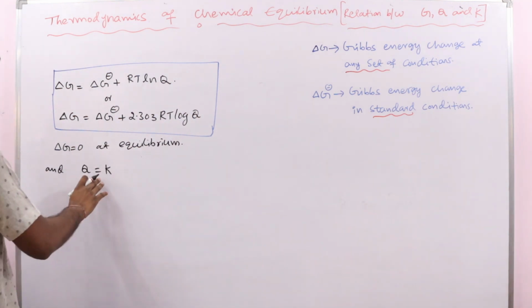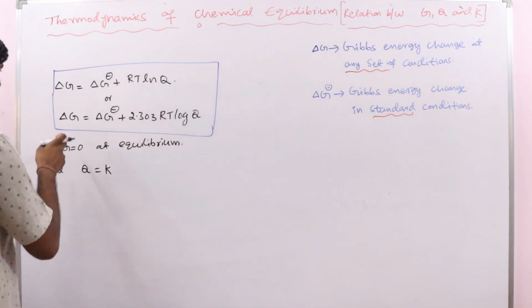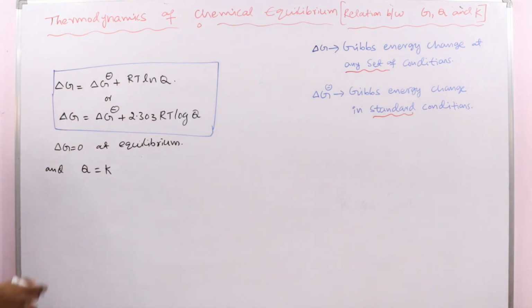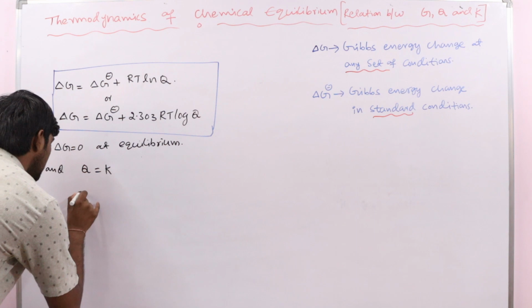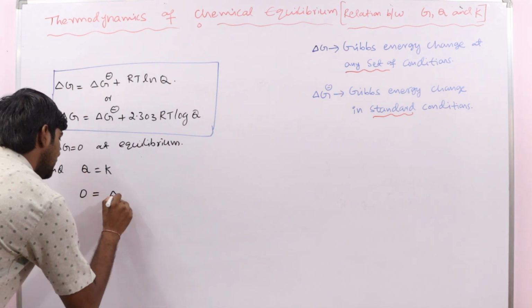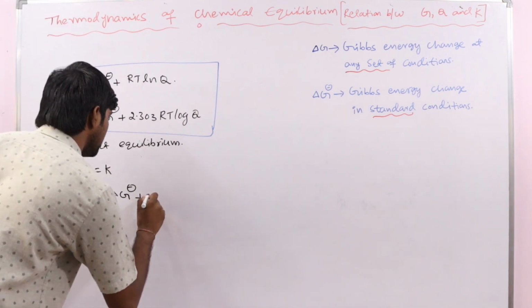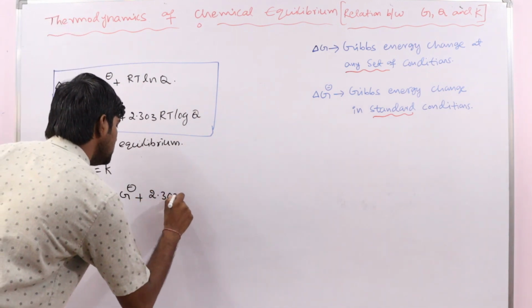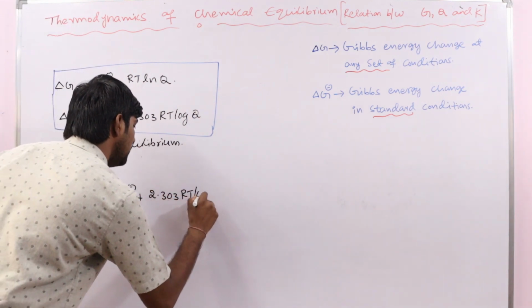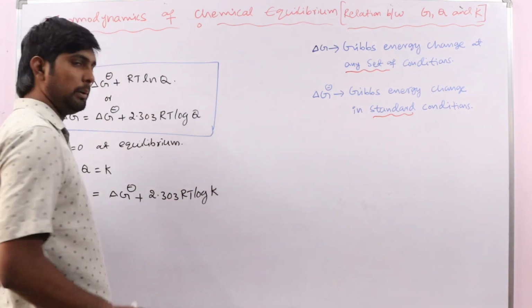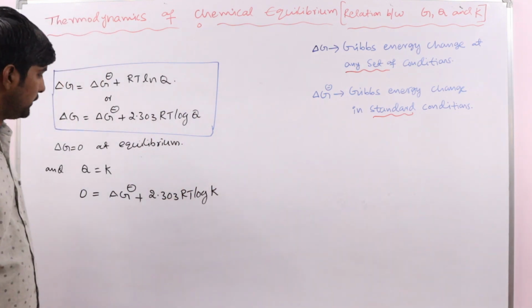Now from this, if you substitute delta G equal to 0, so 0 is equal to delta G naught plus, I am taking this relation for example, 2.303 RT log K. This K may be either Kc or Kp, no problem.